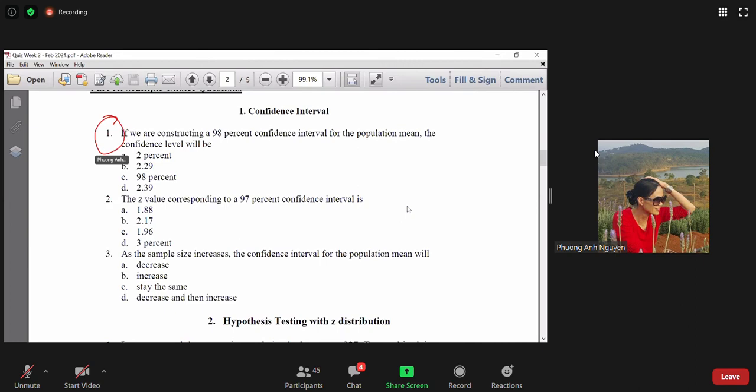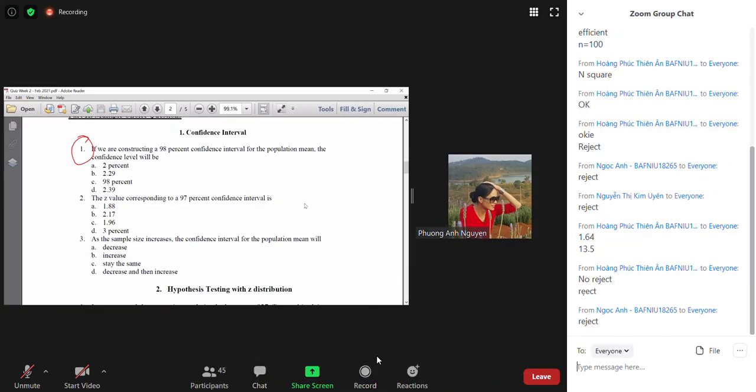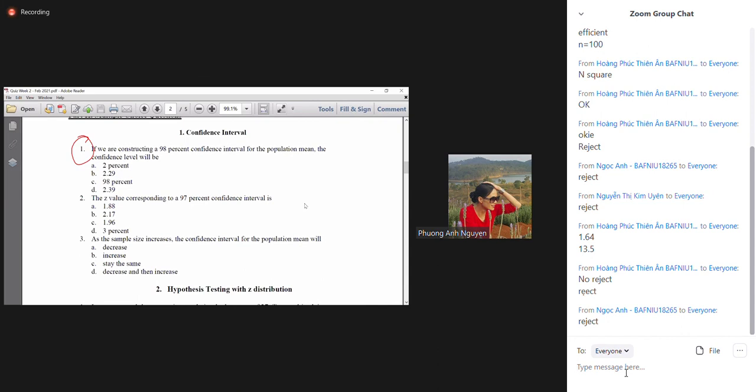Question 1. If we construct a 98% confidence level for the population mean, what is the confidence level? That's a tricky question.